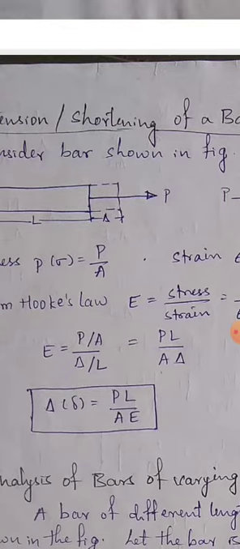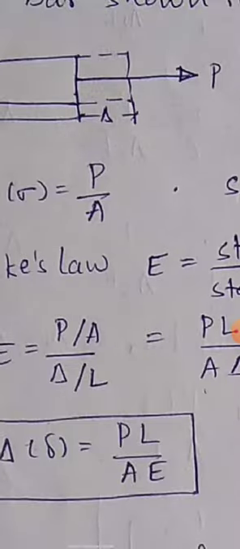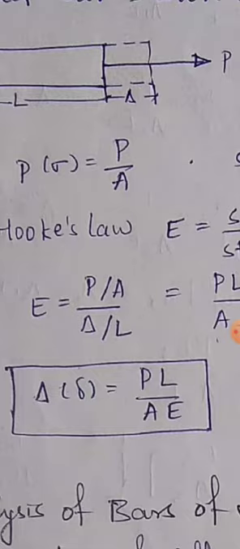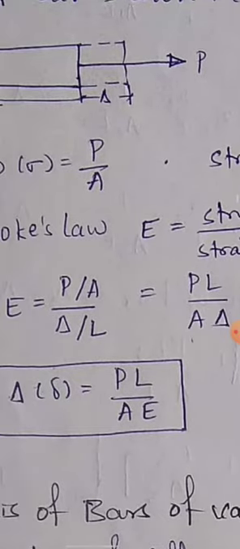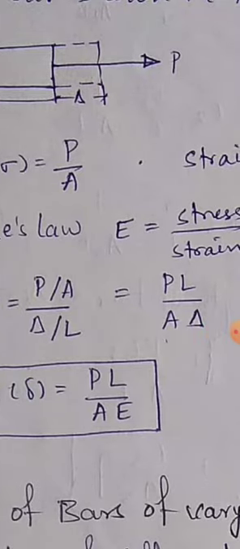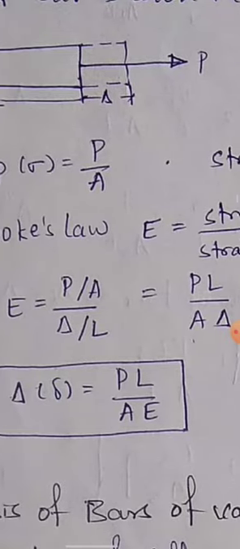As you know, the stress is load by area, and the strain is change in length to the original length. Therefore, the equation becomes E = PL by A delta. Therefore, delta is the extension of the bar.